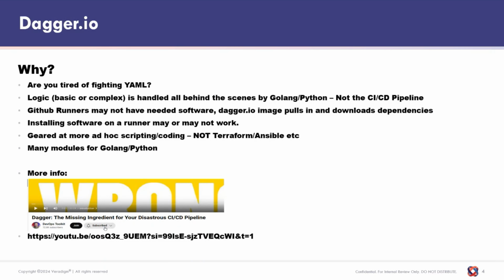And for the record, this is geared more at ad hoc scripting and coding, and not necessarily Terraform, Ansible, those kind of tools. Those kind of stand alone on their own.